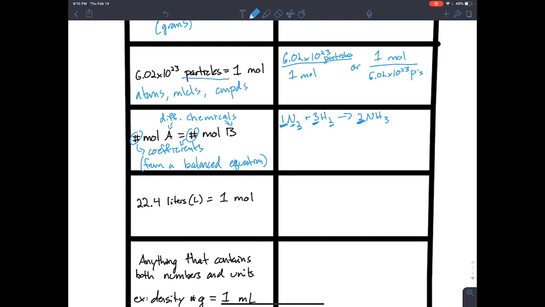Okay, so this is where I'm saying I think the per is better than the equal sign.